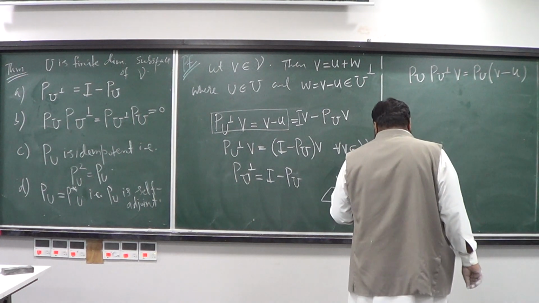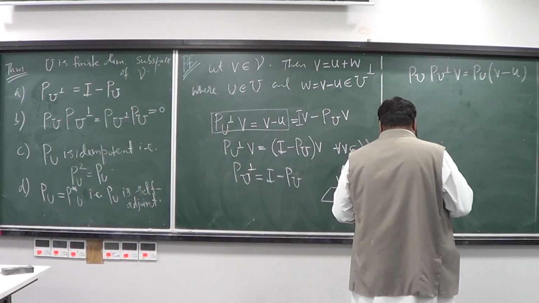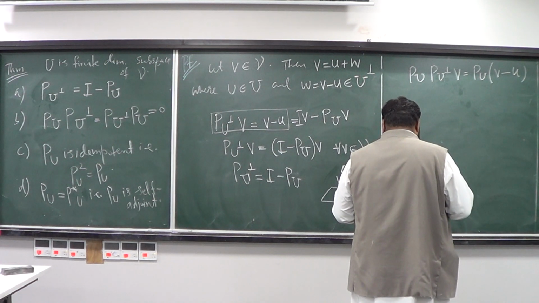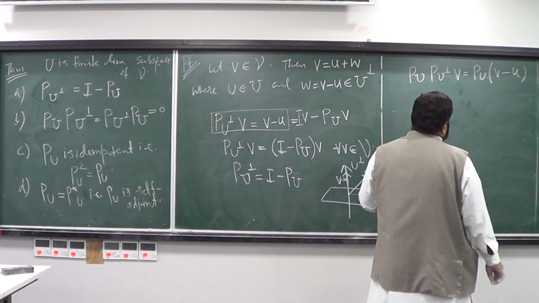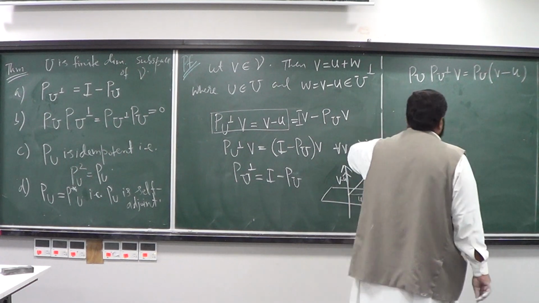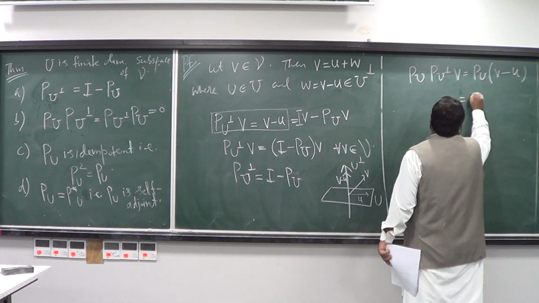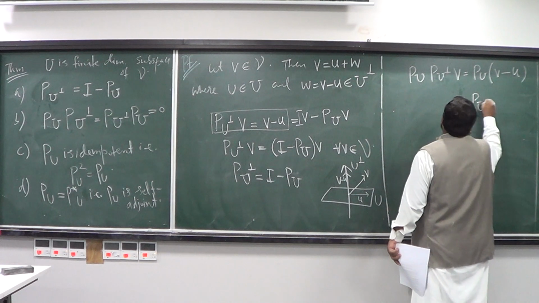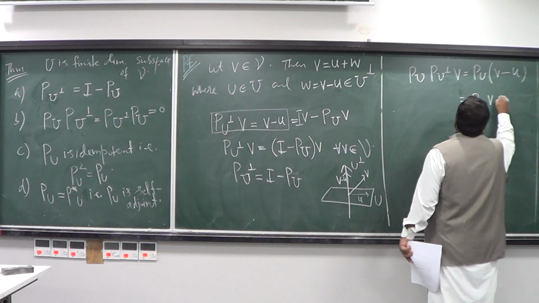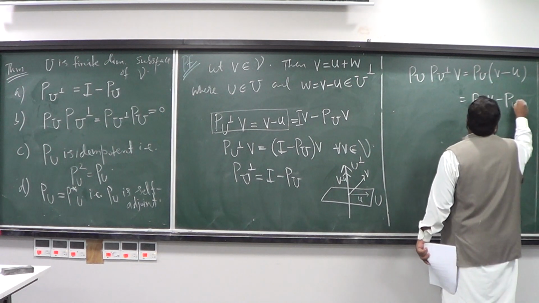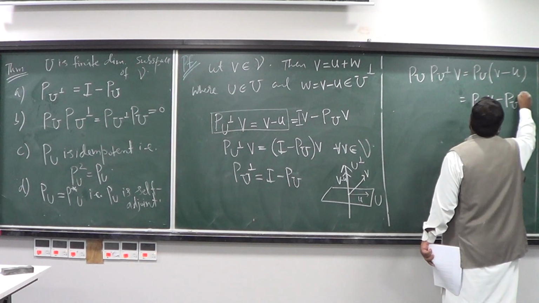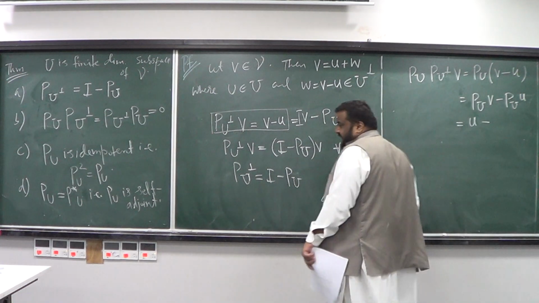And this vector v minus u is going to be equal to what actually? I can write this as the projection operator of U operated onto v minus the projection operator of U operated onto u actually. Why?